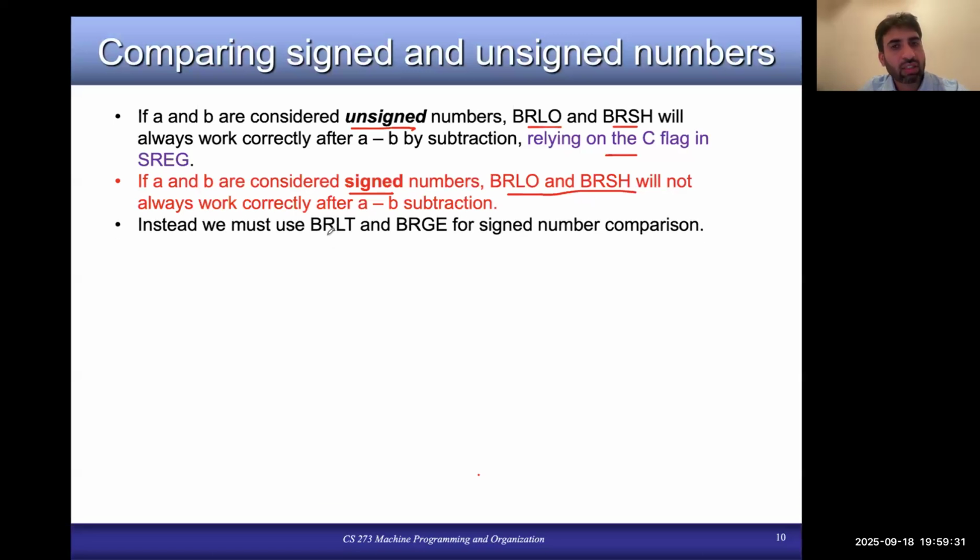Therefore, for comparing signed numbers, you need to use branch less than and branch greater than or equal to instructions, because these instructions take the branching decision based on the value of the S flag, not on the value of the C flag. Remember, BRLO, branch low, and branch same or higher take the branching decision based on the value of the carry flag.